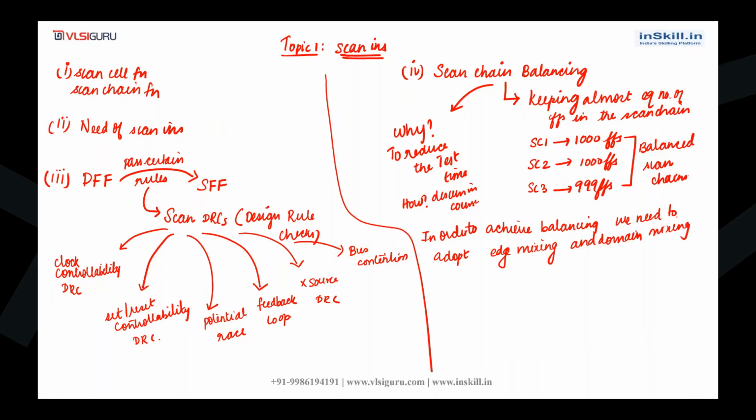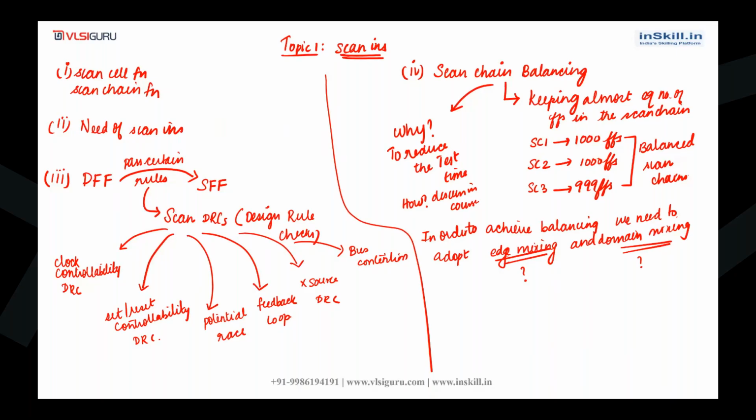What is edge mixing? What is domain mixing? And how, if you go for edge mixing and domain mixing, are you able to achieve balancing? All these points we will discuss when we do the course.